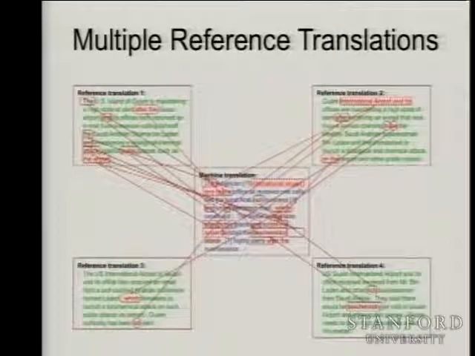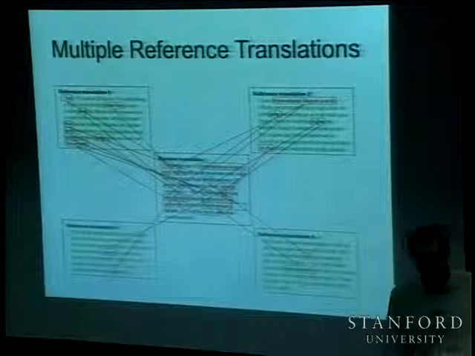So if a system translated something in a reasonable way that a human being might translate it, you've got 4 chances for it to show up in the reference translations, and then you're more likely to get higher order n-gram matches. And so people have used that idea of having multiple reference translations.